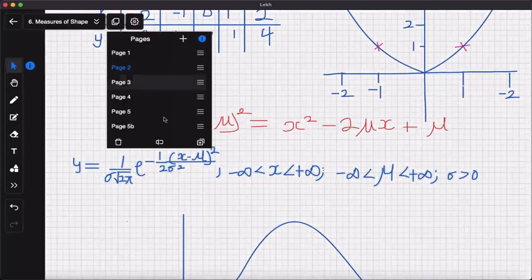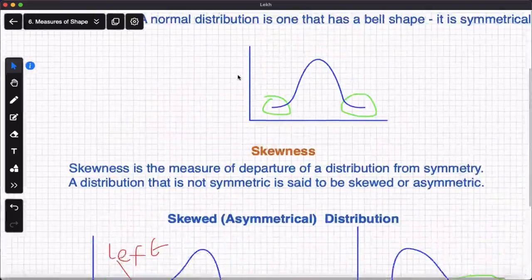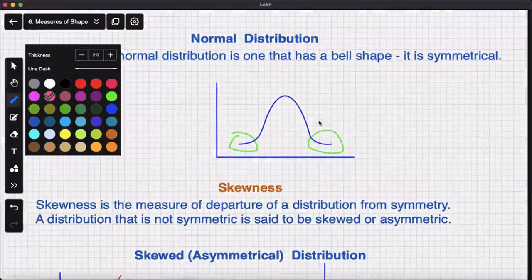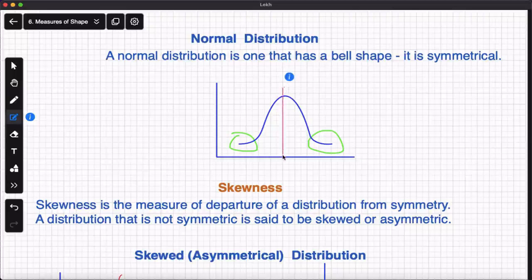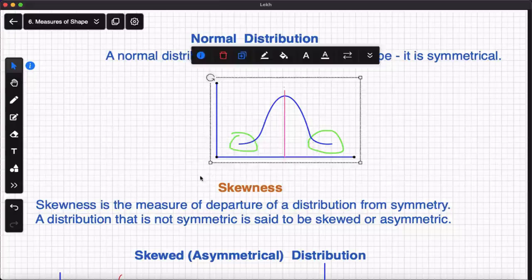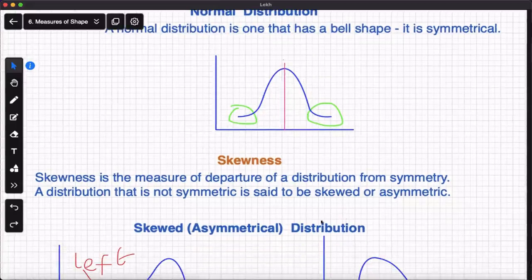It is bell shaped, and it is symmetrical because if you divide it by a line at the middle here, what you have in the left part will be equal to what you have in the right part.